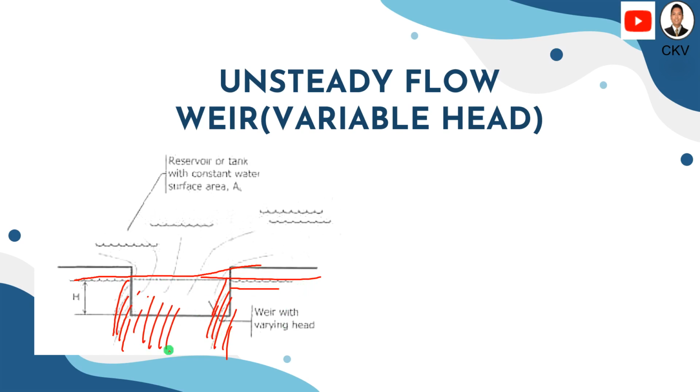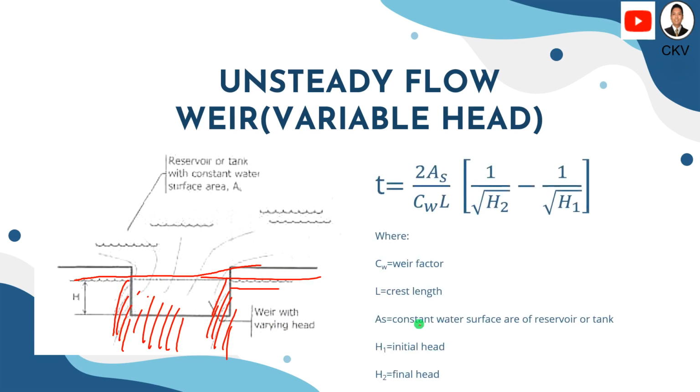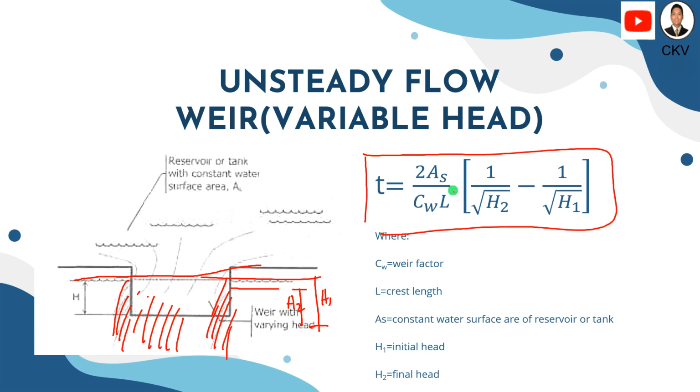In order for us to compute the time required to reach a certain level from its initial head, H1, to H2, we have this formula: time equals 2 As, where As is the surface area. Let's say this is rectangular in shape, this surface area right here. That's your As.